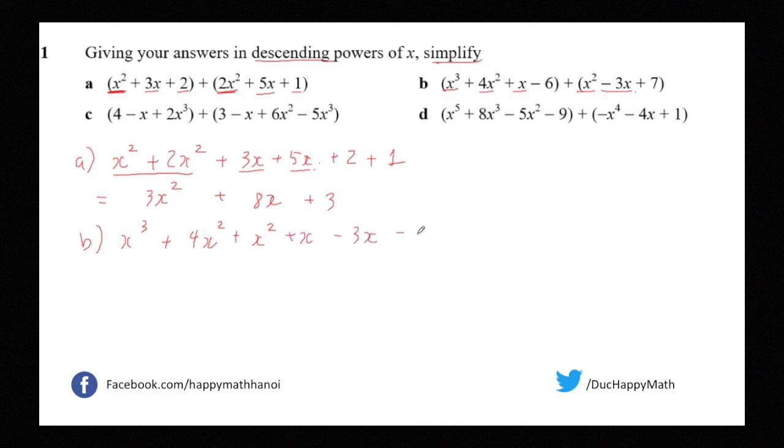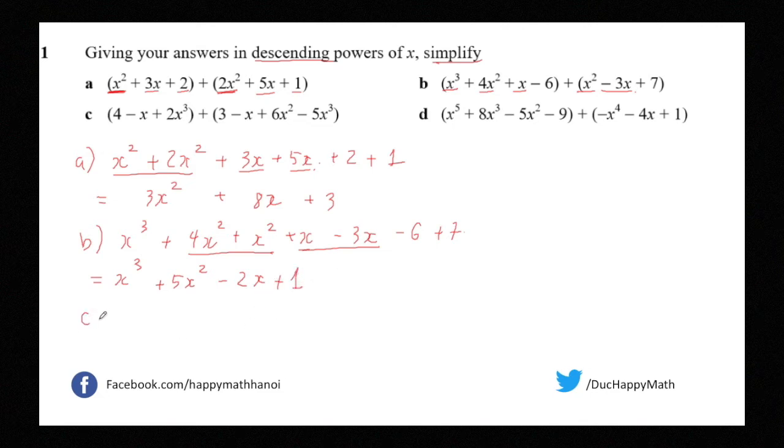And for the constants, you have minus 6 and 7. After you pair them together, you simplify: 4x squared and x squared gives 5x squared, x minus 3x gives minus 2x, and minus 6 plus 7 gives plus 1. That is question B.